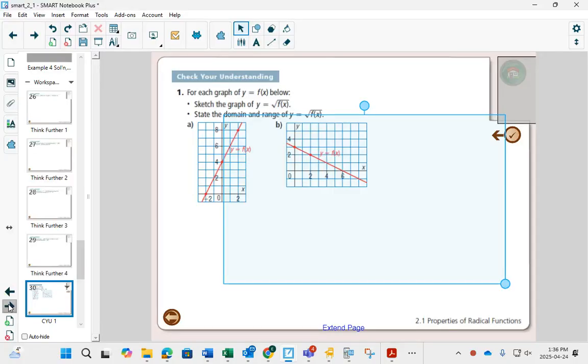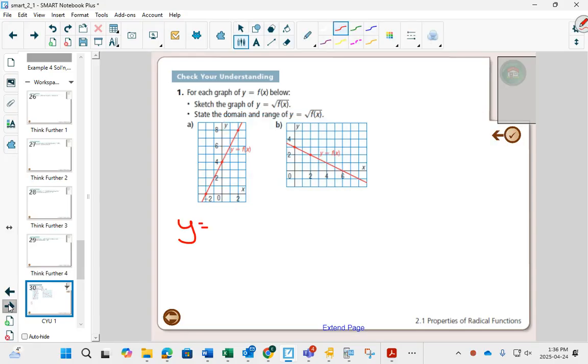So if I was making this a harder question, I would get you to graph y equals, can you see that this is 2x plus 4? And if I got you to graph this, that would be a harder question because you'd have to draw the line yourself. An easier question, they draw the line for you, and now you just have to do the square root part.